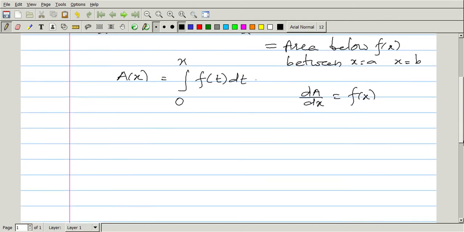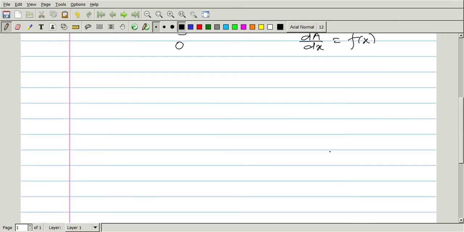So let's try to interpret this particular result. Let's consider a function f of x and plot it on a graph. I may consider something like this. I draw a function. The value x is in here.